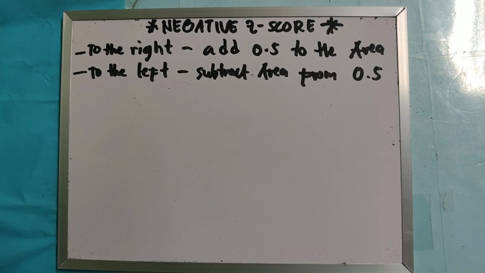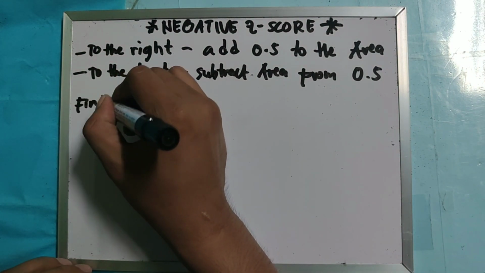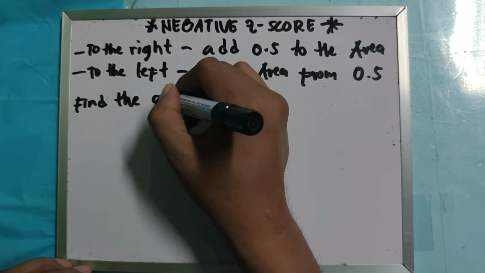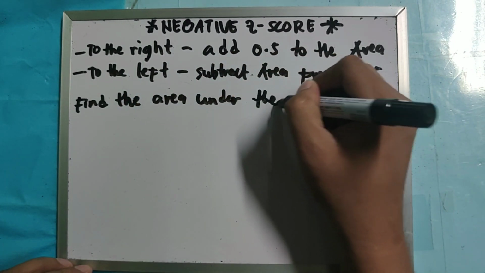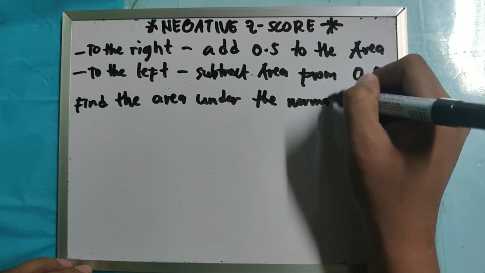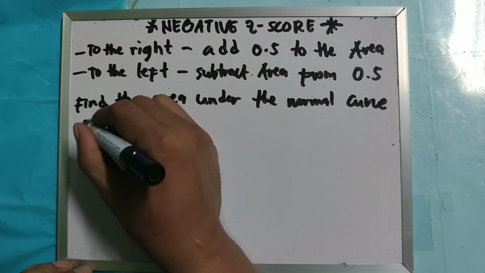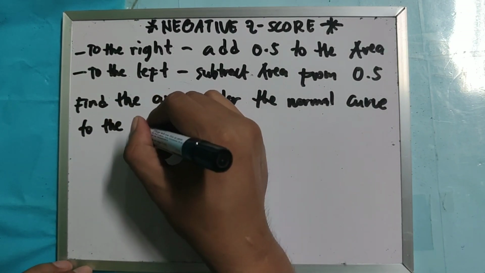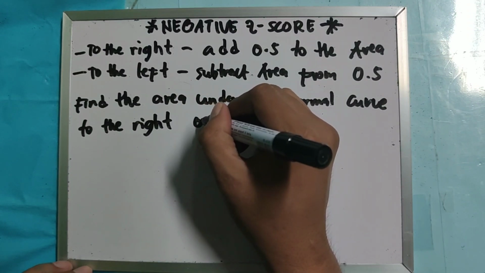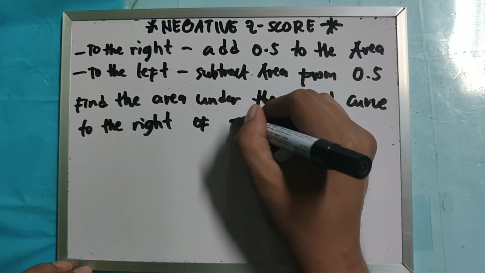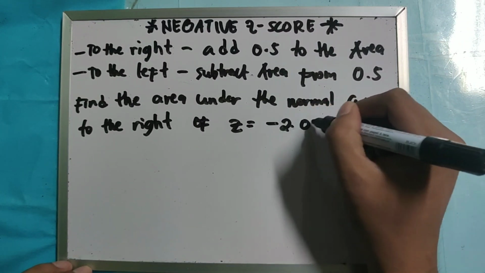Okay? We have here an example. Find the area under the normal curve to the right of z negative 2.02.